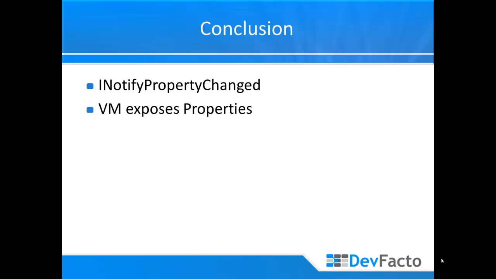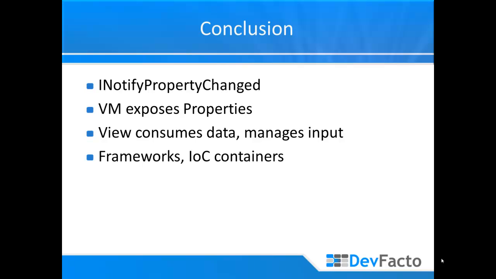Your VM is going to expose properties. Your view consumes them. That's the dynamic you want between the two of them, as well as managing input. There are several frameworks, IoC containers, unit testing frameworks, all sorts of other stuff at your disposal for scaling out your MVVM application.